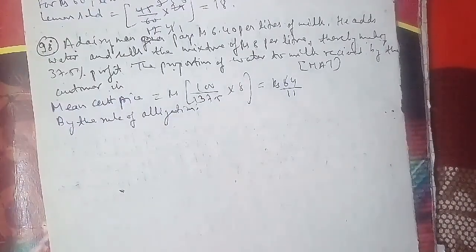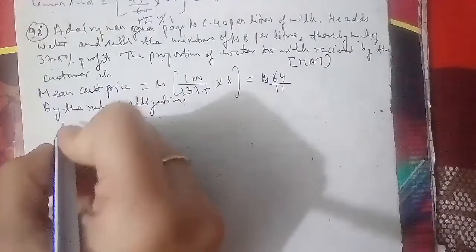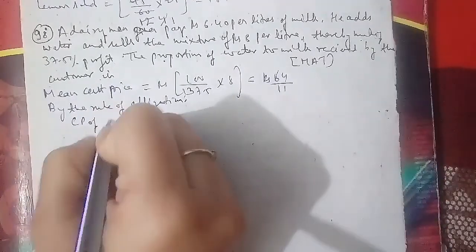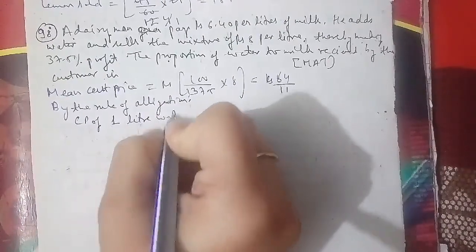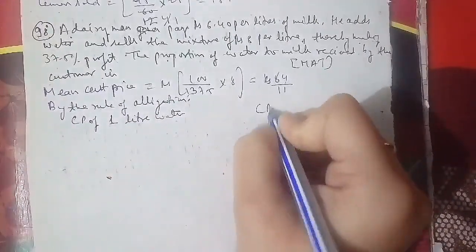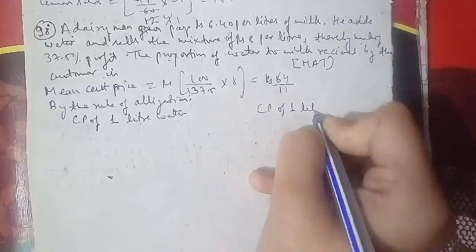This is 64 upon 11, which has been the mean price.